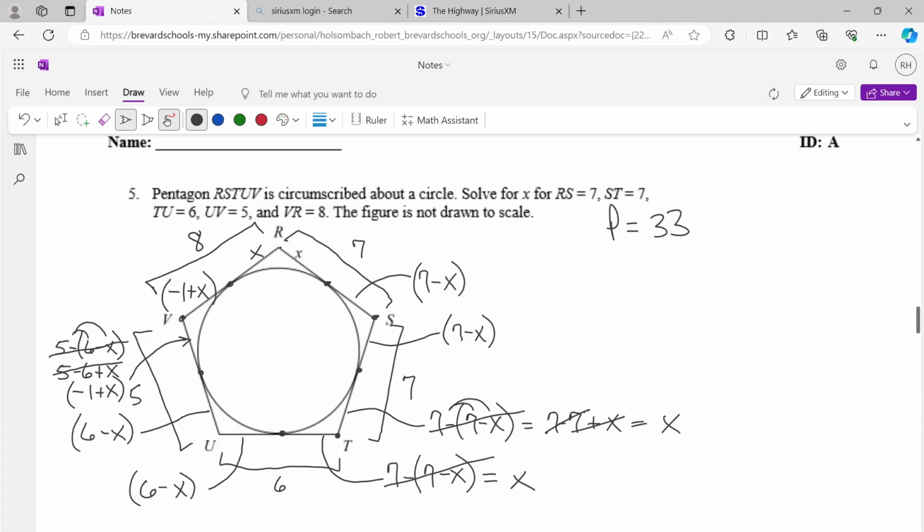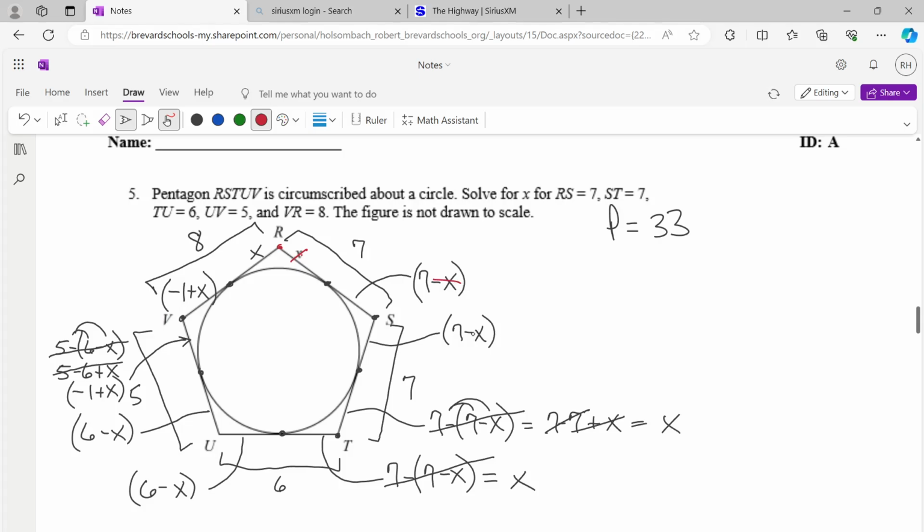Now, everything that isn't scratched out has to get added together and set equal to 33, because that would represent the perimeter of the pentagon in terms of x. So if you have a colored pencil or highlighter or something like this, you're going to want to use it tomorrow. Because look, I'm going to start at R and I'm going clockwise around this pentagon. So I'm going to take x minus x. Well, x minus x is 0, so those two x's cancel out.